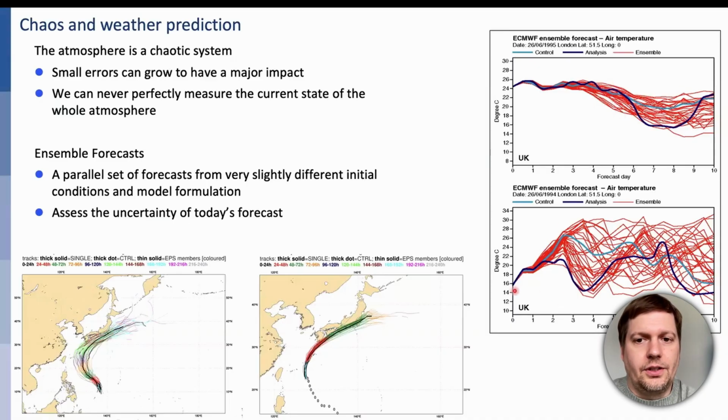And then you can have situations like depicted down here. All of this is, I think, 2-meter temperature, where after a couple of days, you get a very large spread, so very different scenarios playing out. And predictability in this situation is low.